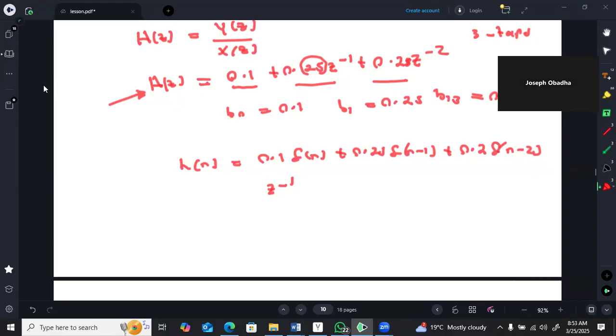And as I had said earlier, the design of these filters involves getting these coefficients, so that anytime we have an input, we multiply the input by the constant term, and delayed versions by the other terms.